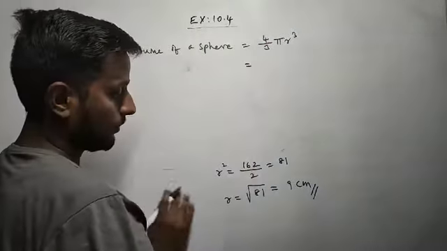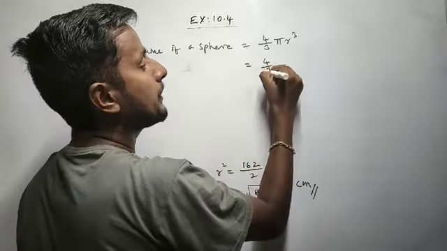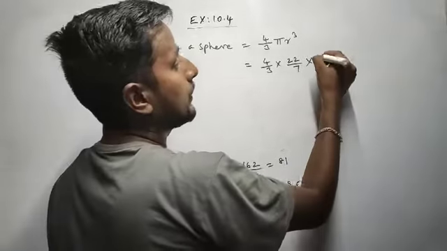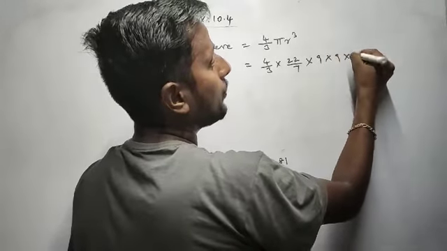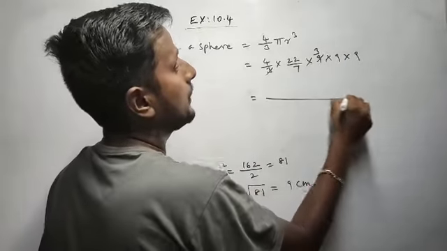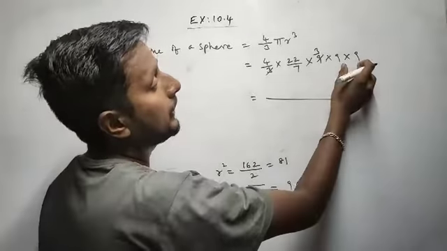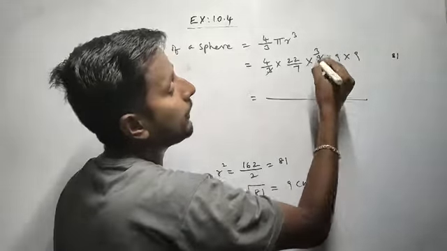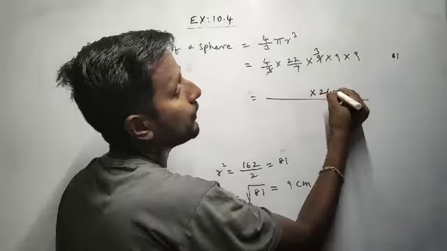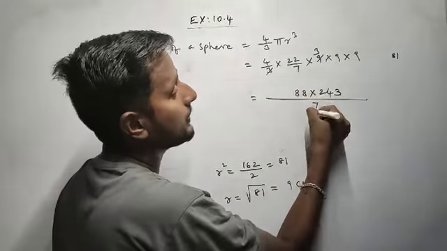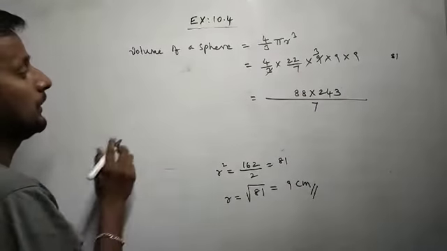So we write 4 by 3 pi, value 22 by 7, r value 9, so 9 into 9 into 9. 9 nines are 81, 81 into 3, I can write 243. And 22 fours are 88 by 7.